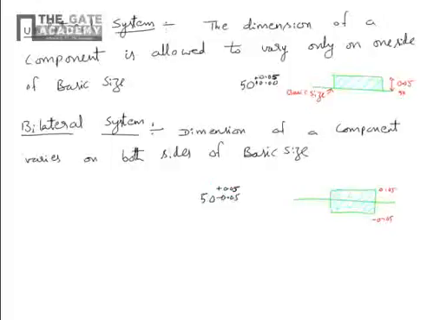So the total tolerance is 0.1 mm. So this shaft or whatever component is varying from 50 minus 0.05 to 50 plus 0.05. That's why this variation is in positive side as well as negative side of the basic size. That's why it is called bilateral system.